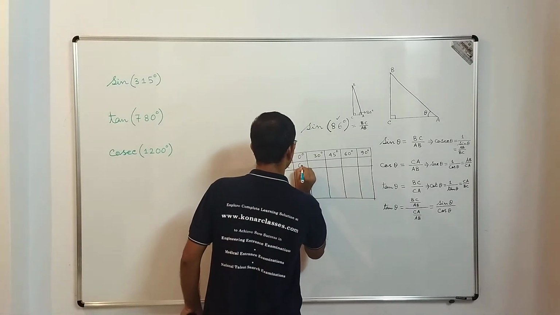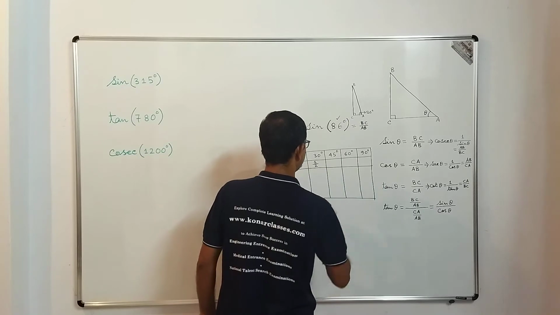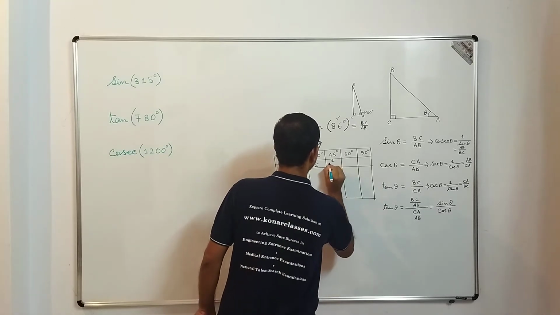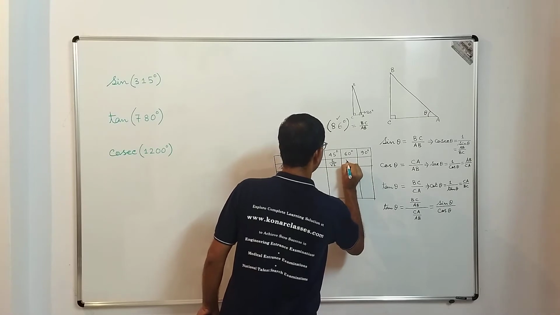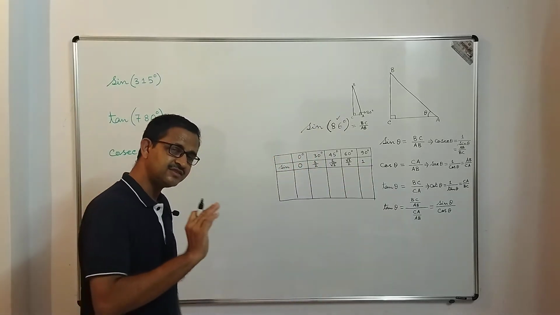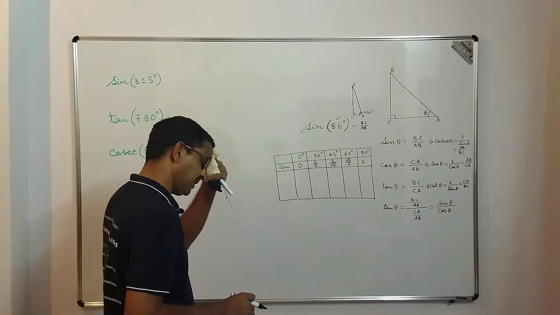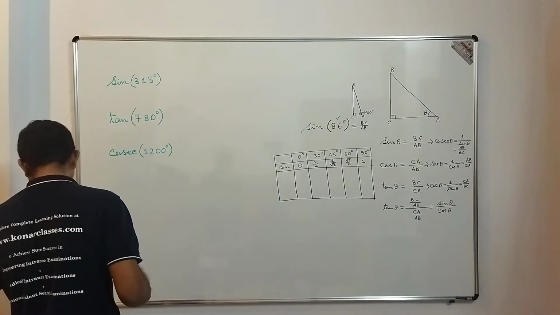It is 0. Sine 30 degree is equal to 1 by 2. Sine 45 degree is 1 by root 2. Sine 60 degree is equal to root 3 by 2. And sine 90 degree is equal to 1. Only this set of values you need to remember. The rest you can do very easily.